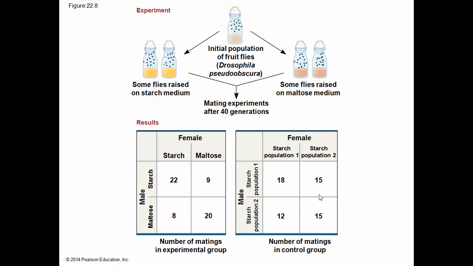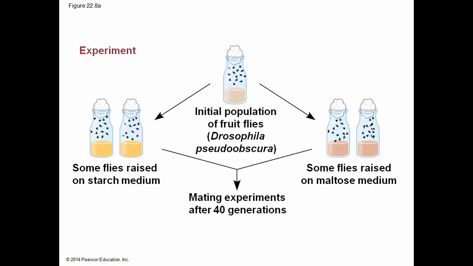They found the same to be the case for the maltose group. So this says that this mating between the starch and the maltose indicates a potential speciation event. It's not really a speciation because we're talking about fruit flies here, but if you raise them over 1,000 generations or so, it could cause a difference in speciation.